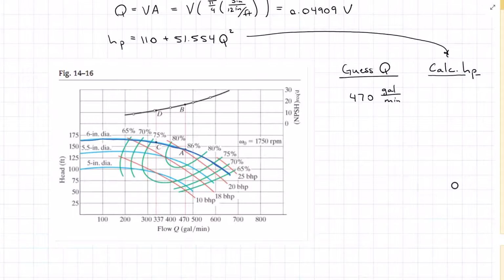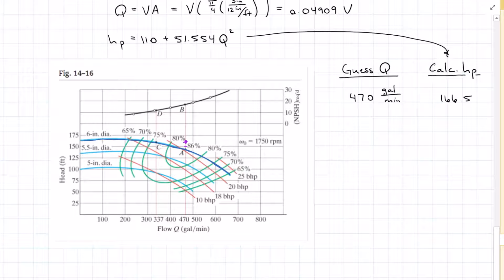So doing that conversion, I get 1.047 feet cubed per second, and plugging that into my head equation, I get 166.5 feet of head. So when I come over to my graph, 470, let's see, this is 50 right here. So 166 is going to be somewhere up there.